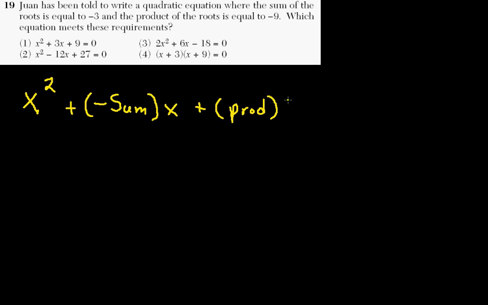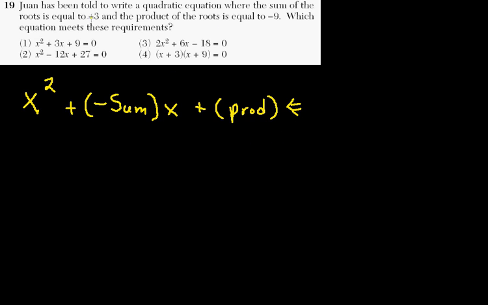If you have a quadratic equation, x squared plus the negative sum of the roots times x plus the product of the roots, right? That's basically what we're looking for.